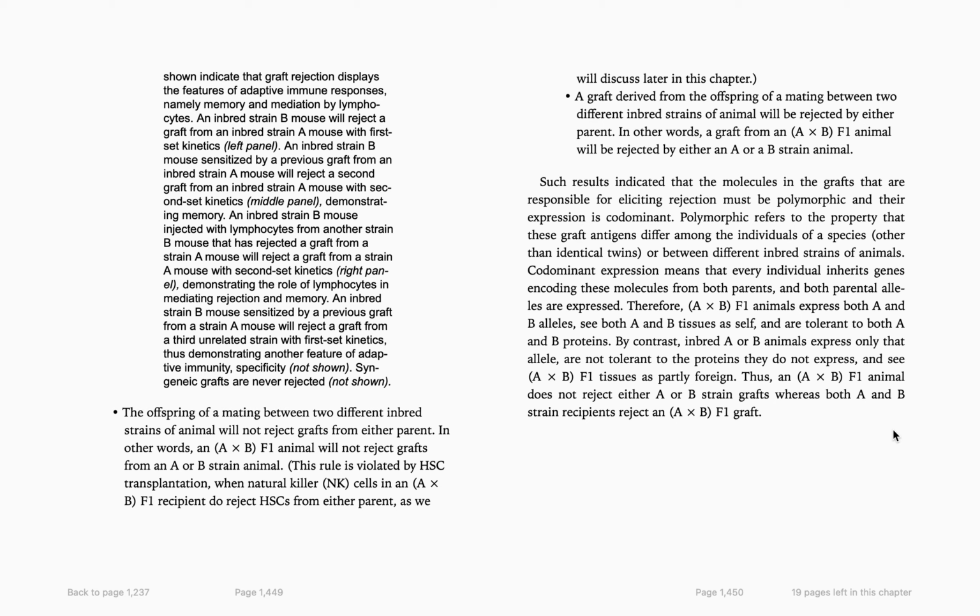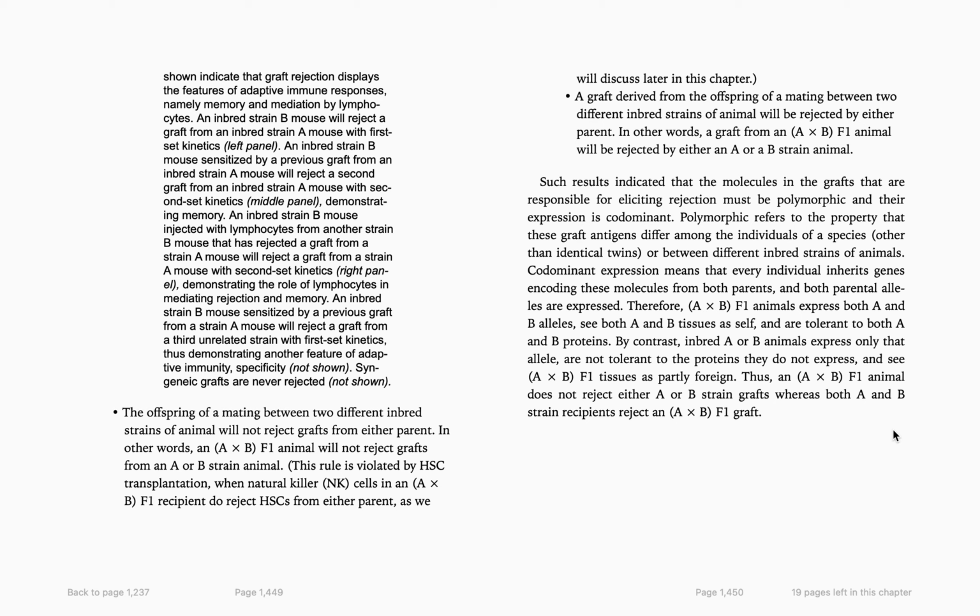A graft derived from the offspring of a mating between two different inbred strains of animal will be rejected by either parent. In other words, a graft from an A times B first filial generation animal will be rejected by either an A or B strain animal.